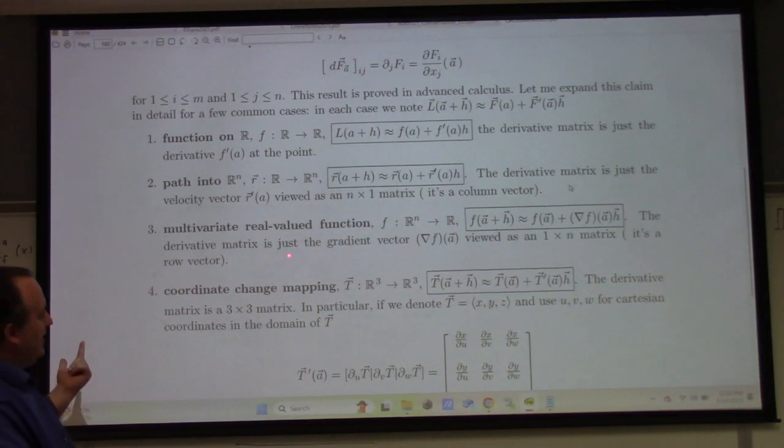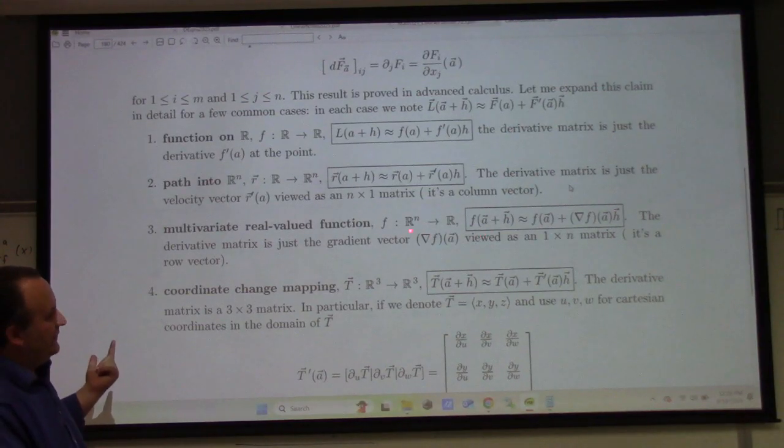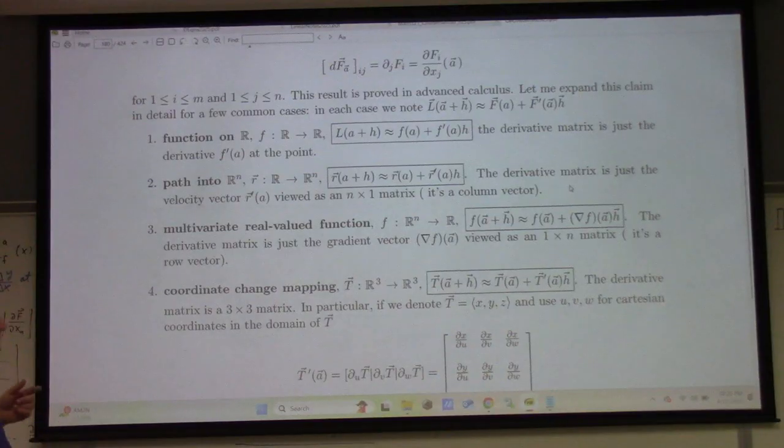Now, this is where we haven't talked about much yet, but if we have a function from Rn to R, then f of r plus h is approximately the value of the function at the point plus the gradient of f times h, where I think I'm missing a dot product here, all right?